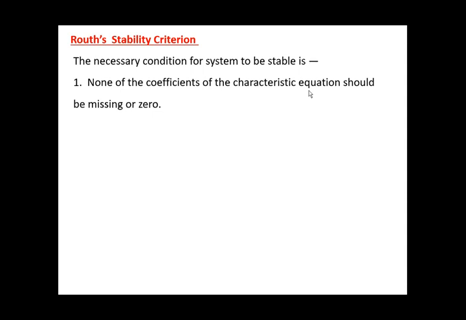You already know what the characteristic equation is, that is, if we consider any transfer function, the denominator polynomial must be equal to 0. That is called the characteristic equation, that is, the denominator term is equal to 0. The order of the equation can be anything, 2, 3, 4, 5, anything. So we can solve this.